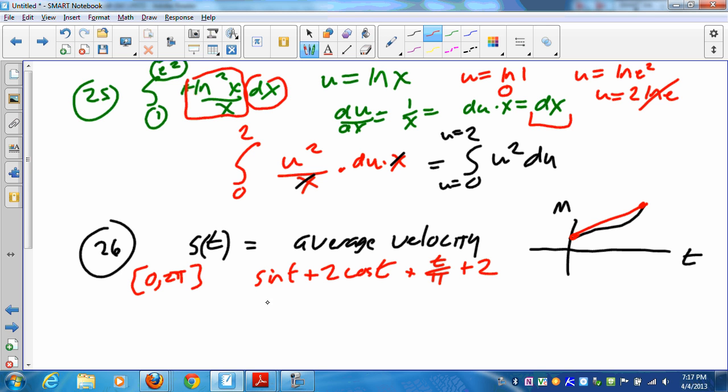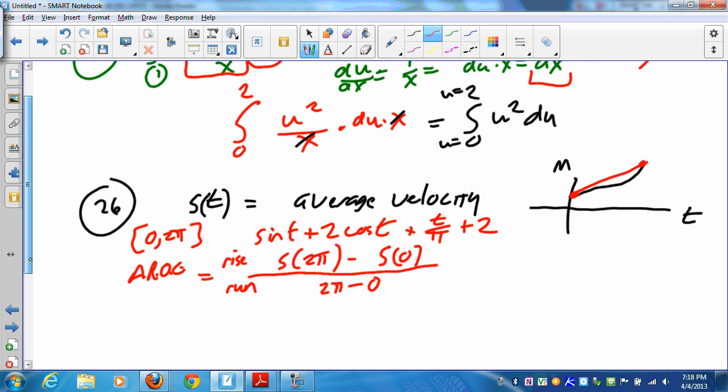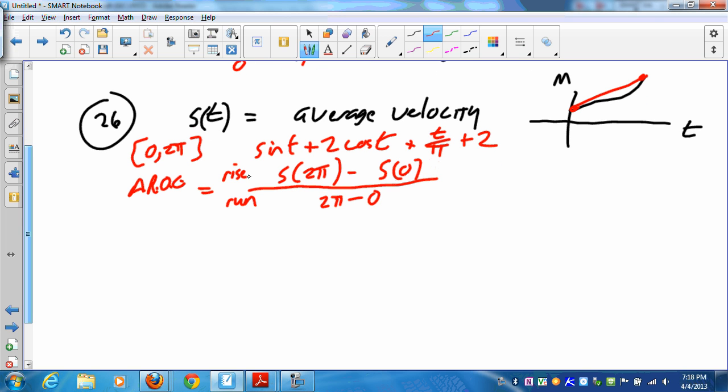So we're just simply going to do this function value, which is actually s at 2 pi minus position at 0 seconds or whatever, over 2 pi minus 0. So this is just the rise over the run, or the slope. AROC, average rate of change. So, average rate of change, I always think algebra, think slope. Good luck. Alright, flip to 27.